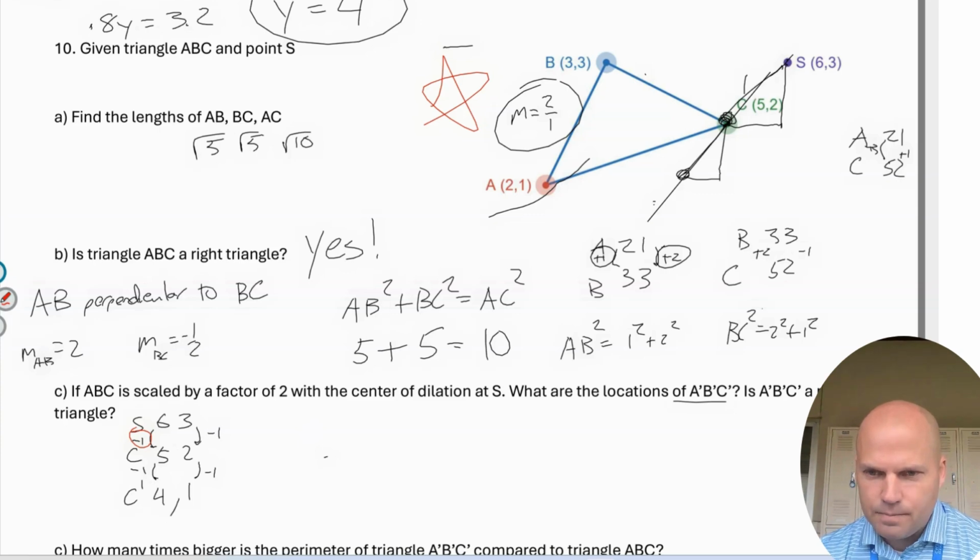So that's C prime. Let's look at B prime. Subtract 3, subtract 3. Subtract 0, subtract 0. So that's B prime. Scale factor of 1, scale factor of 2.